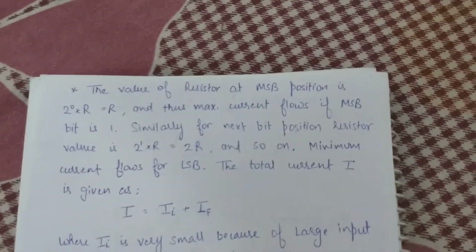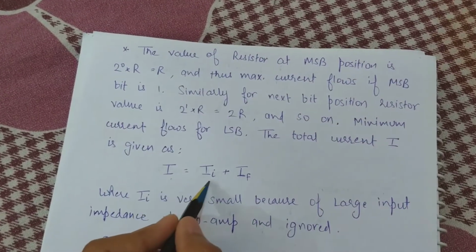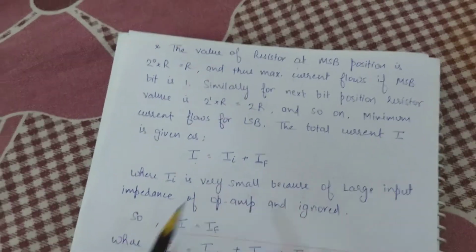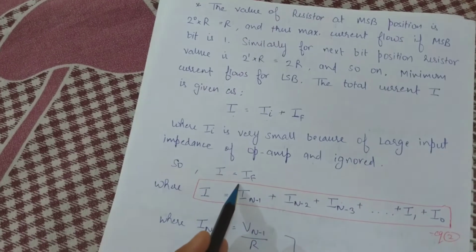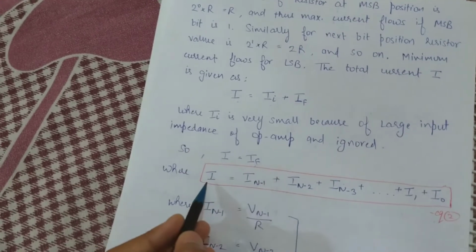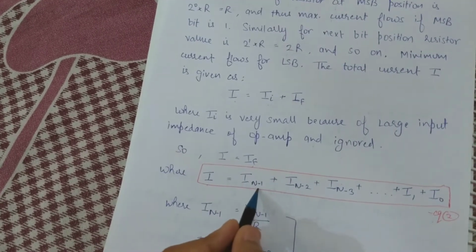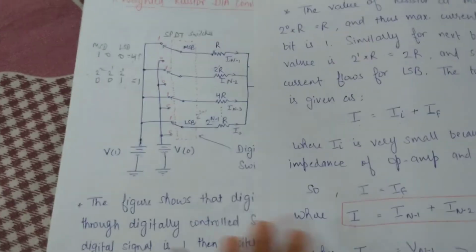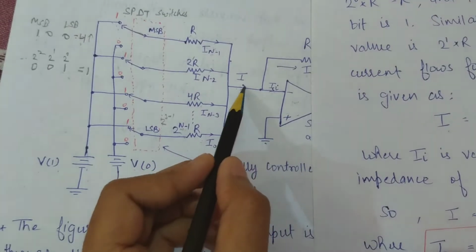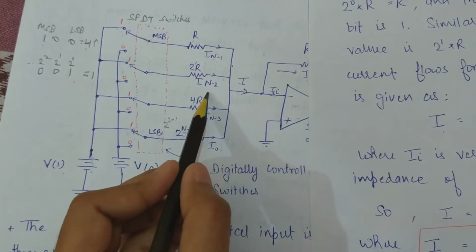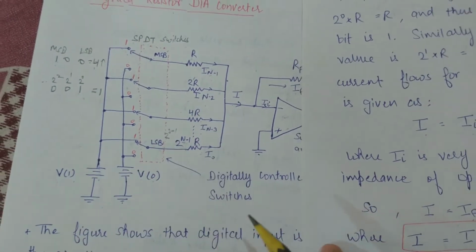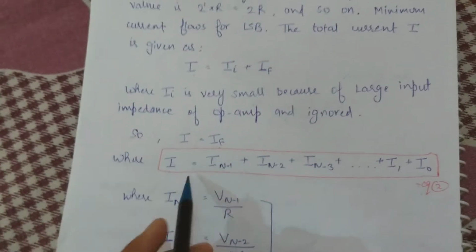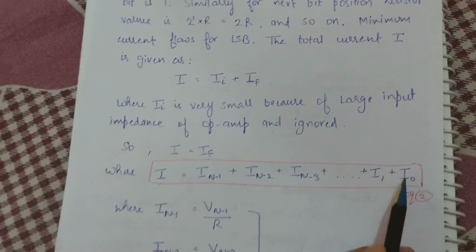So here we had the total current I, which was II plus IF, and II is very negligible, so I will be approximately equal to IF, and I value will be equivalent to I(n-1), I(n-2), I(n-3), and so on up to I naught. So we have written it here in the form of an expression up to I naught, okay?